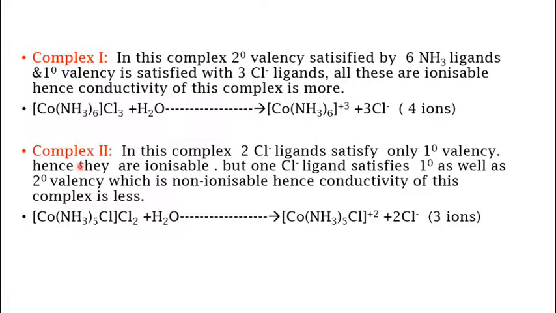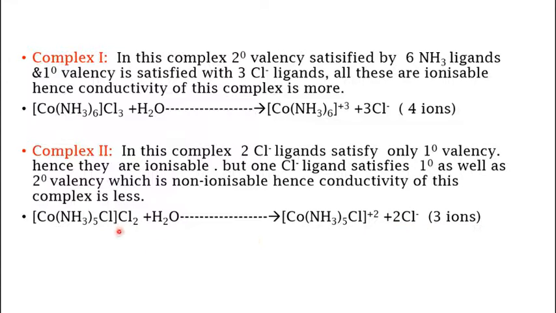When you move to the second complex, you have Co(NH3)5Cl, and outside the coordination sphere you have Cl2. When you ionize this, they will form [Co(NH3)5Cl]2+, which is the charge on the coordination sphere, plus 2Cl minus.